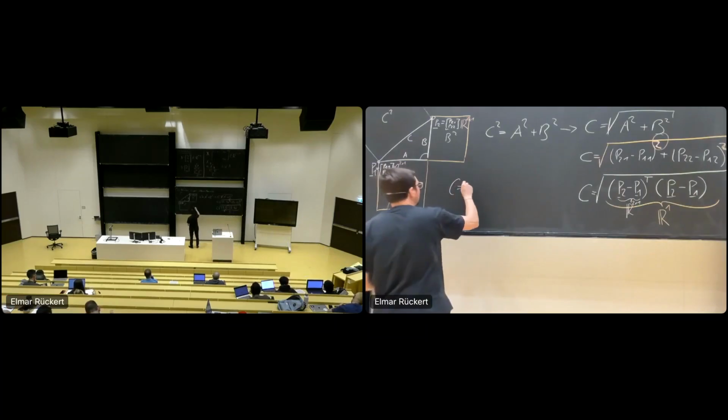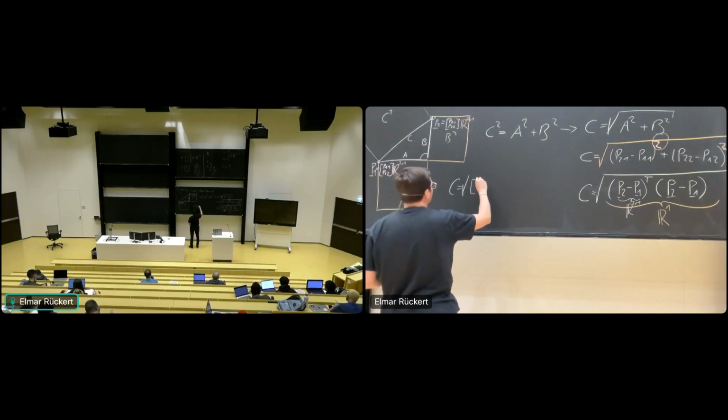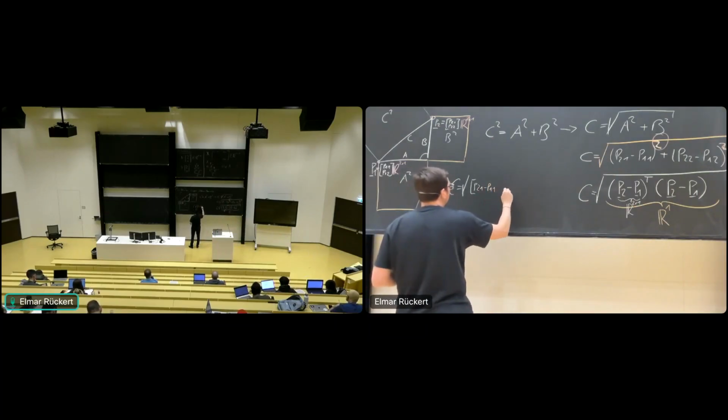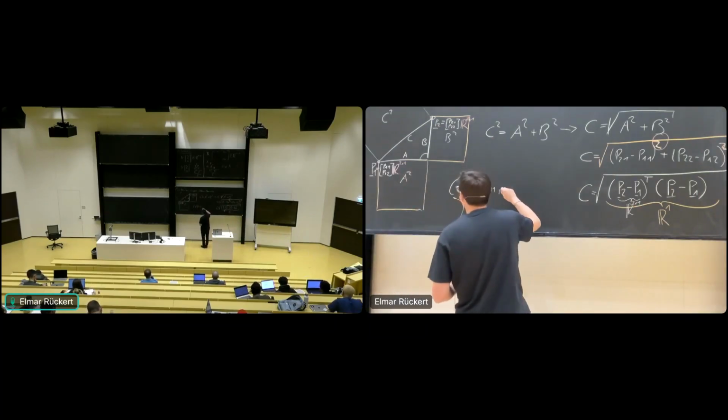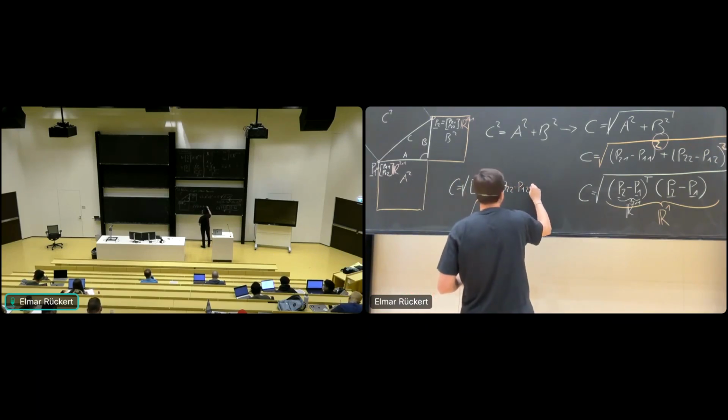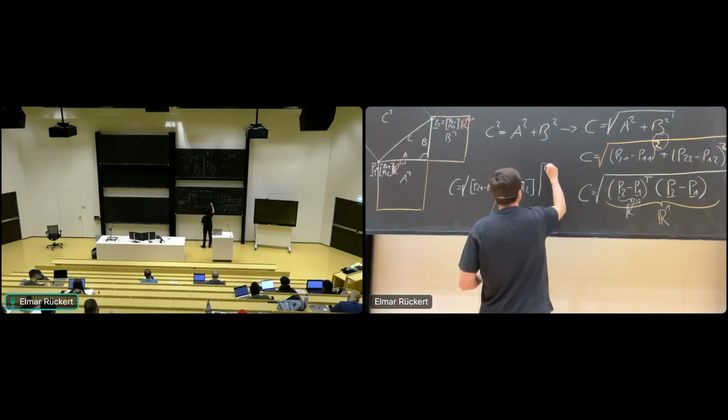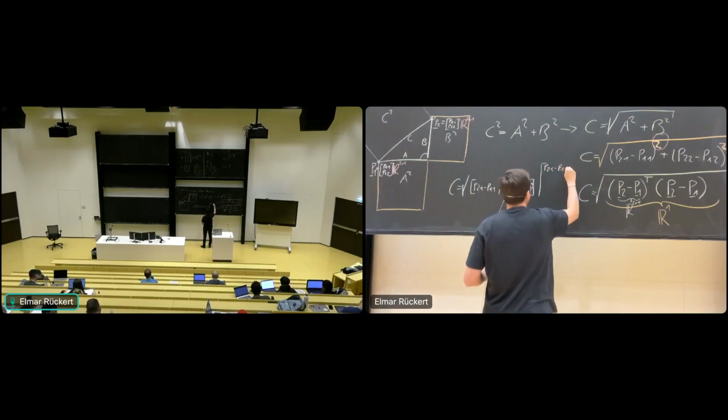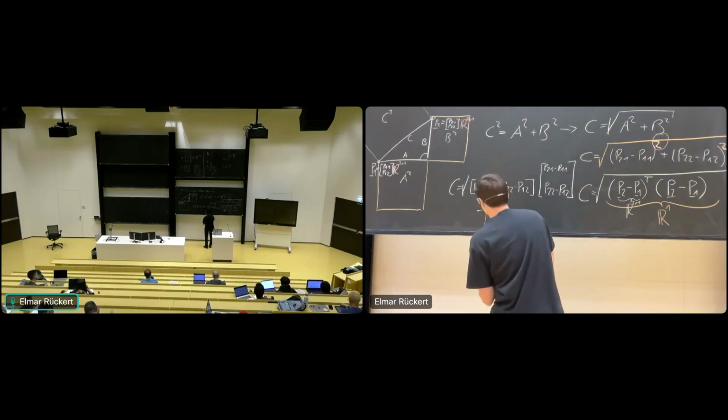You can say C is the square root of, you have to be careful, P21 minus P11, comma. This is now a row vector. P22 minus P12, multiplied by the same P21 minus P11, P22 minus P12, and the square root over it.